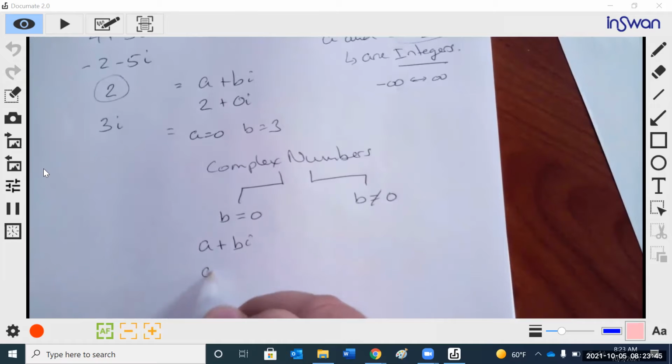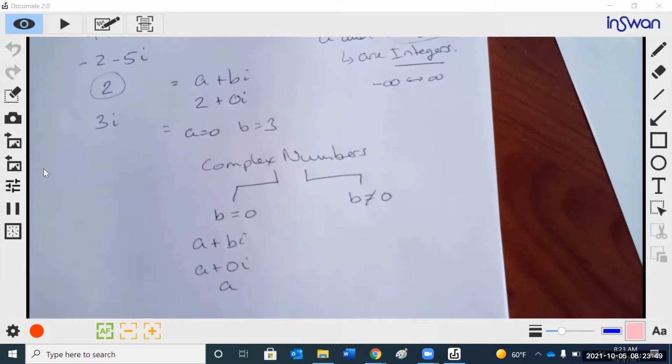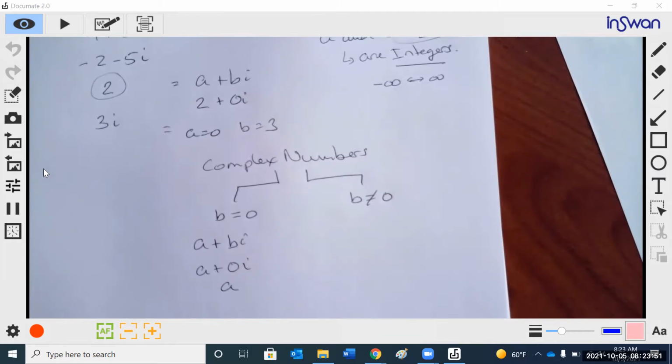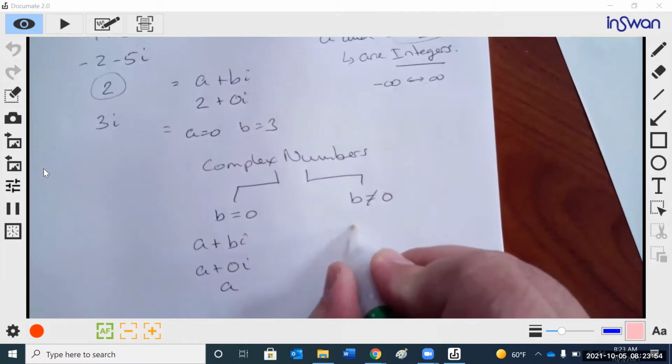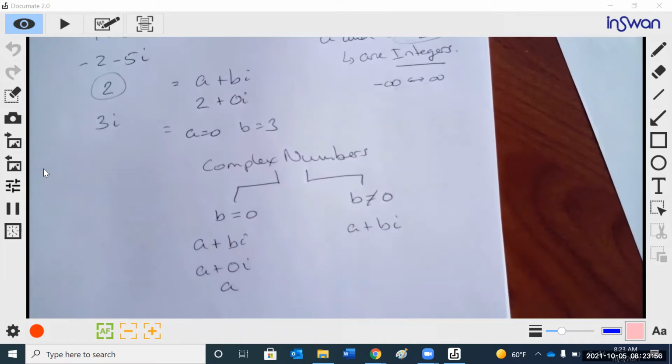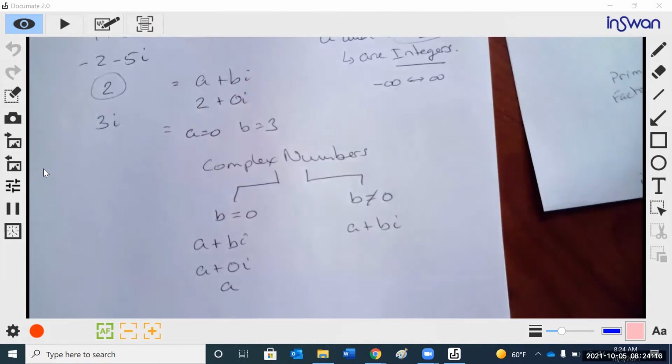So we have a plus 0i, which is just a. And then here we have a plus bi. So that's what we're looking at. All right.